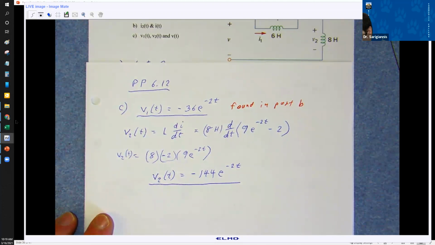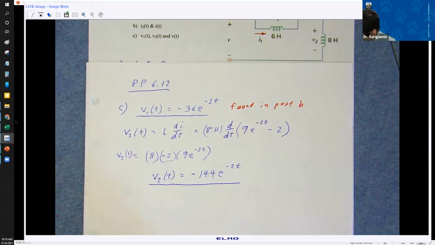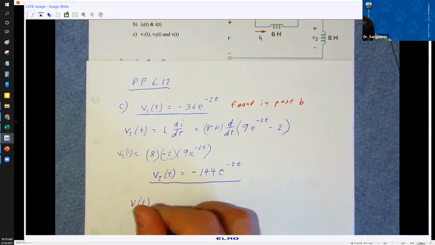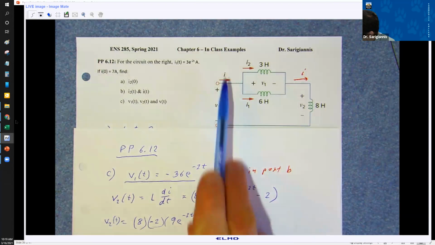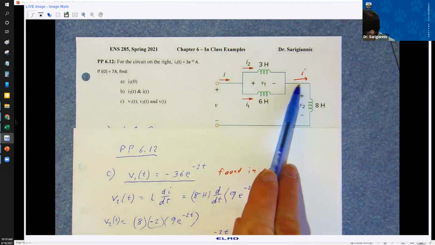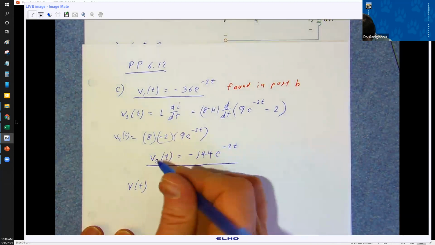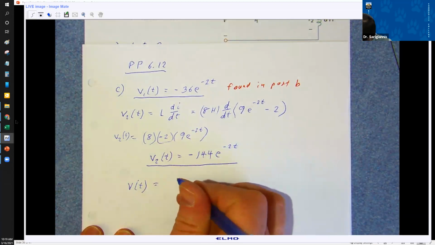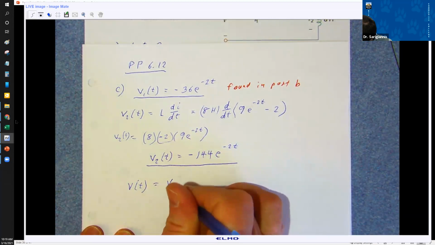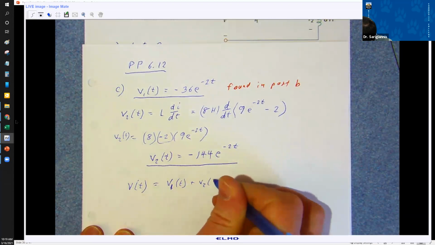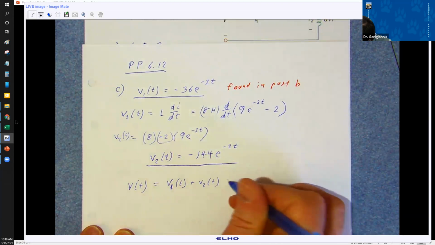We need to find the total voltage, right? Now the total voltage, we got a voltage drop here and a voltage drop here. So the total voltage is just the sum of the individual voltage drops, V1 of t plus V2 of t. So what do we got?